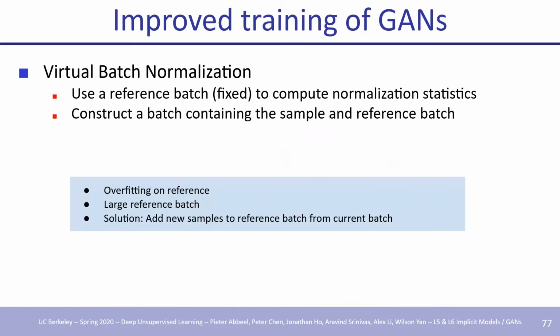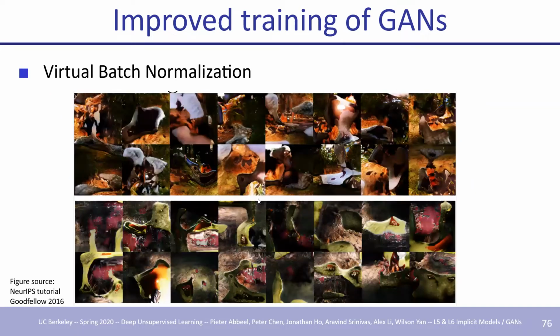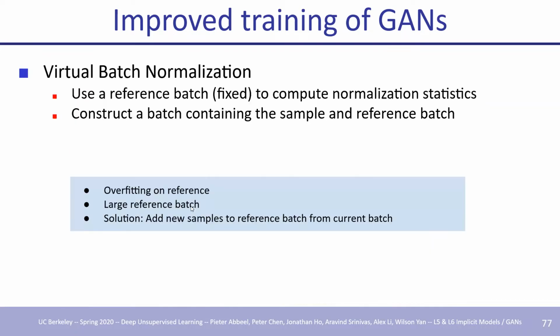Okay, this one is virtual batch normalization. In this case, they use a reference batch to compute the normalization statistics, and then use those statistics to normalize a batch. But the problem is you overfit to the reference batch, or you need a very large reference batch.